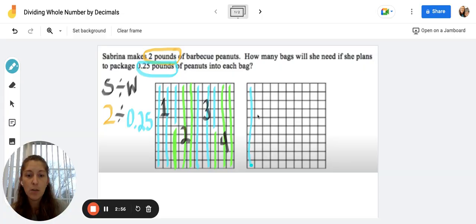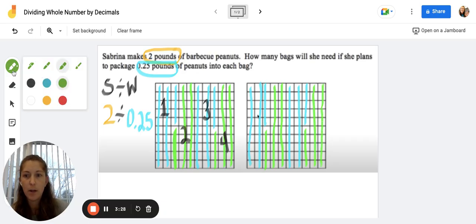But I'm going to go ahead and continue to highlight here. All right, so I've gotten those highlighted.